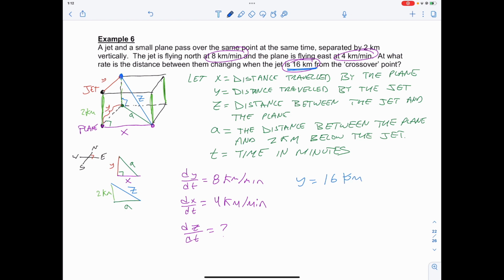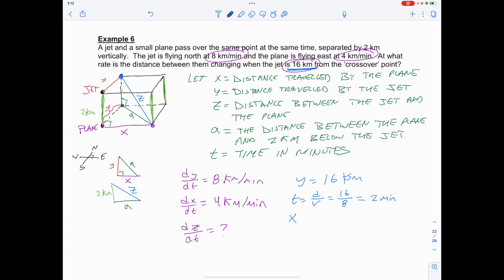If we know y is equal to 16 kilometers and time is equal to distance divided by velocity, then the distance is 16 kilometers, the velocity is 8 kilometers per minute, which means that the jet has been flying for 2 minutes, which also means that the plane has been flying for 2 minutes.